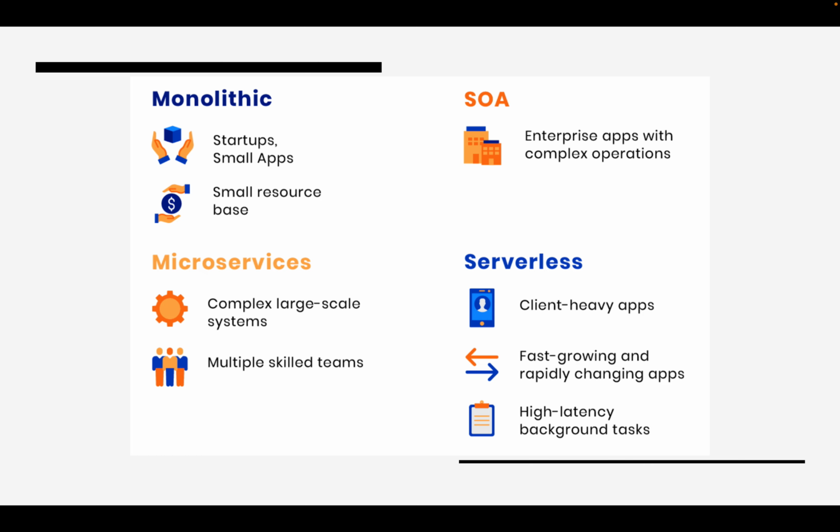Also, some parts of your system can employ the service-oriented architecture. They can communicate via some event bus, like an enterprise service bus or stuff like that.